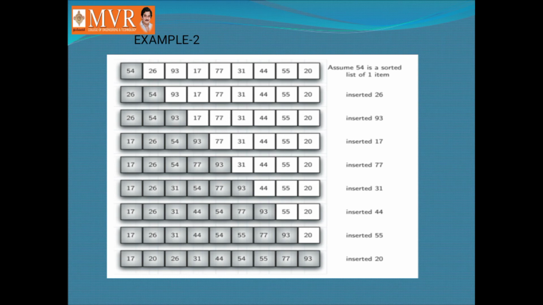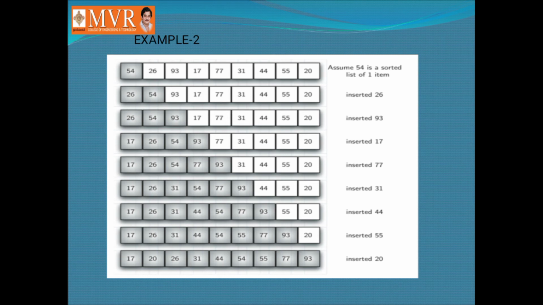Again I compare 31 with 26. Now after comparing 31 with 26, 26 is smaller than 31. So I have to place it after 26. Then my list becomes 17, 26, 31, 54, 77, 93, 44, 55 and 20.